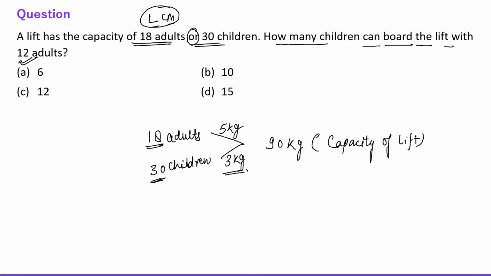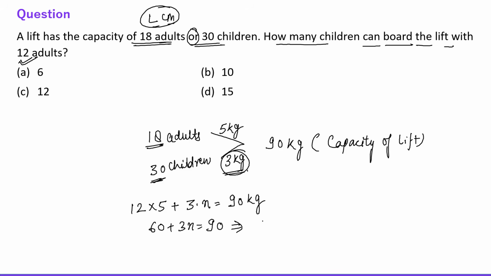Alright, what is the question? 12 adults are boarding a lift, so 12 adults means 12 into 5. And how many children? The weight of one child is 3. Let the number of children be n. 90 kg is the total carrying capacity of the lift. So 60 plus 3n is equal to 90.